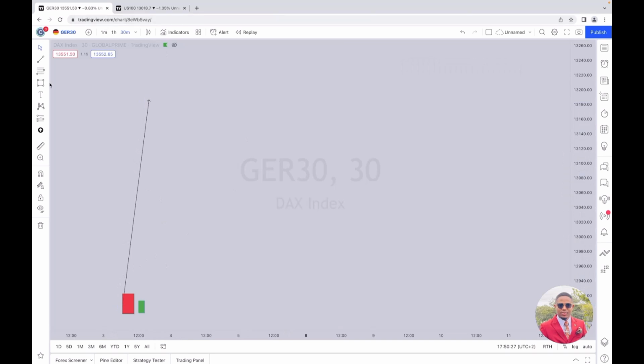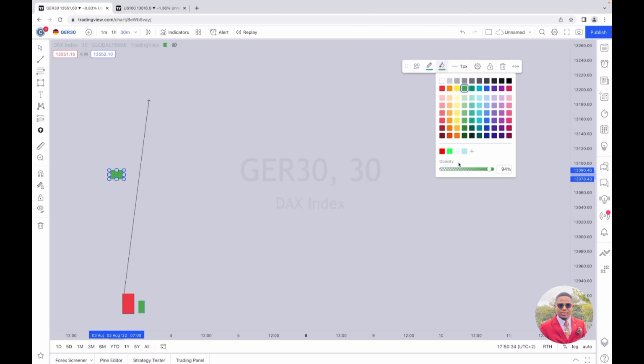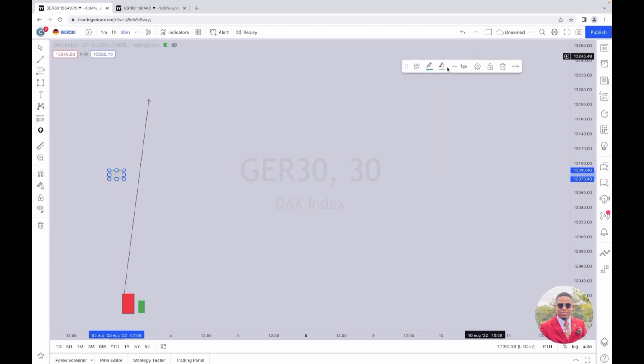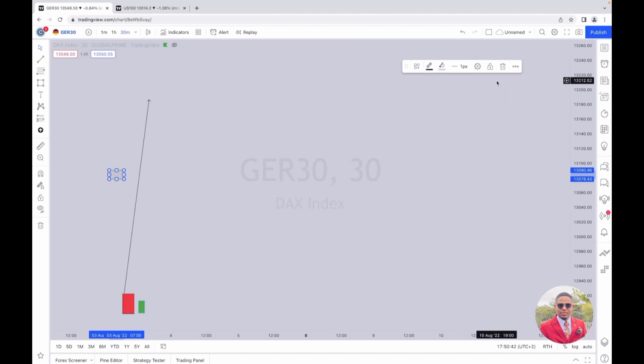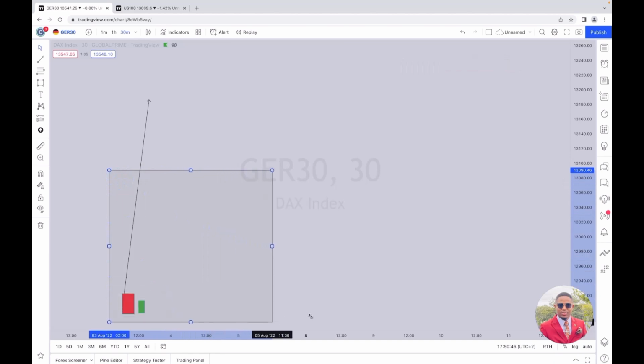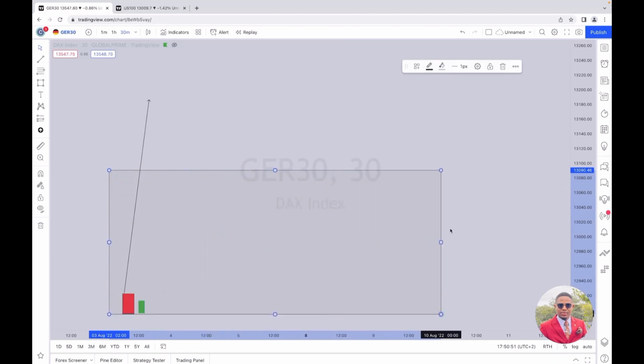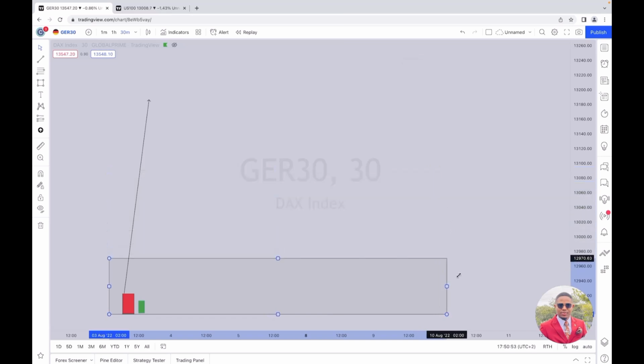What you need to do in this situation is draw your order block. You are going to draw your OB based on here. You come here and draw your order block from the start, from the opening candle, like this.